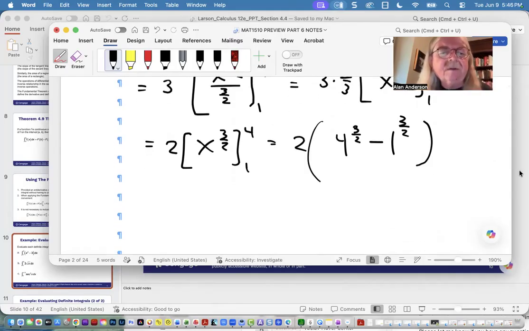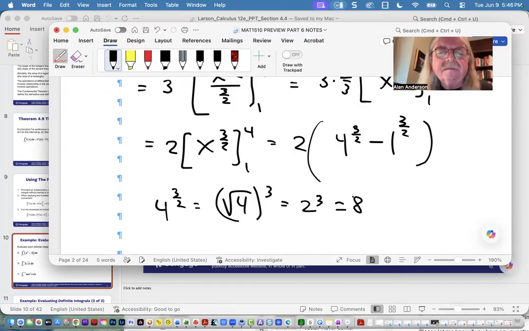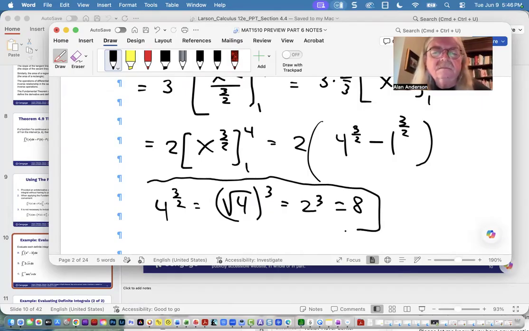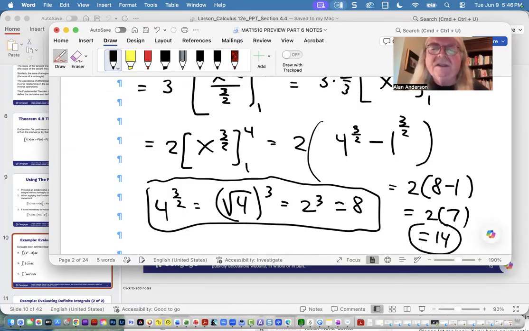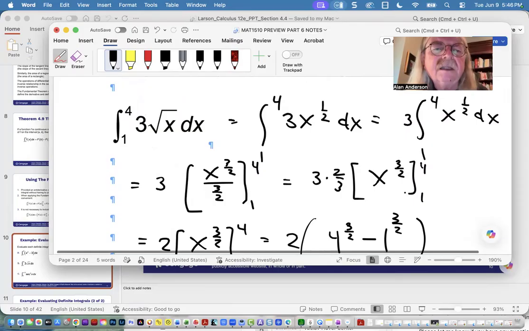Just as an aside, remember that what you're actually doing here is taking the square root of 4 and then cubing the result. So that's equal to 2 cubed, which is 8. The other option was, of course, to go to your calculator. So you're going to end up with 2 times 8 minus 1, 2 times 7, which is 14.